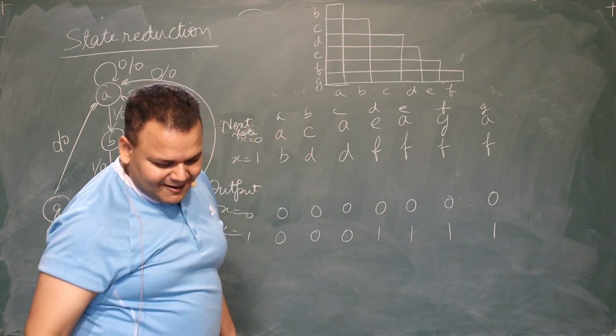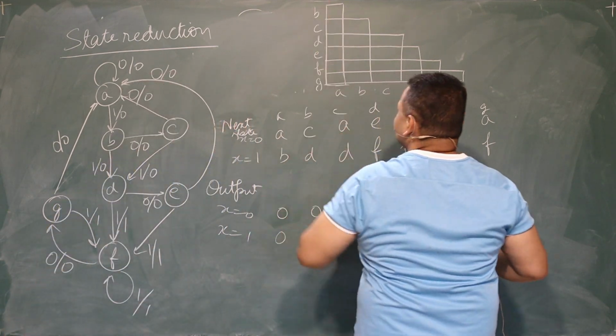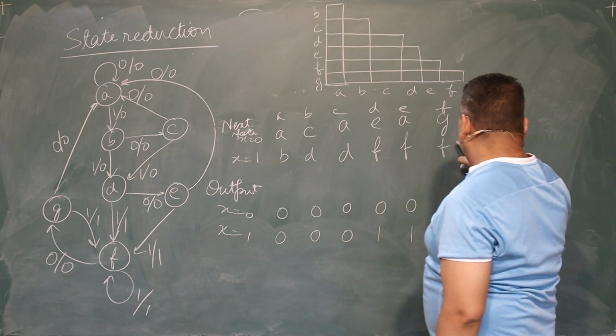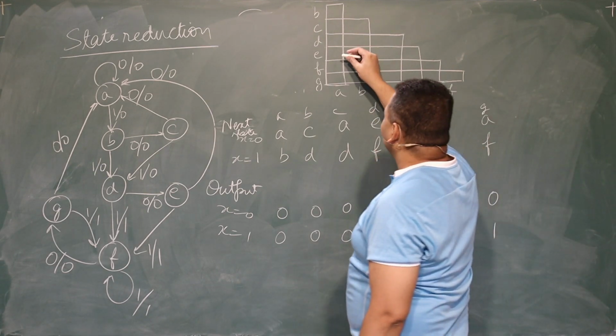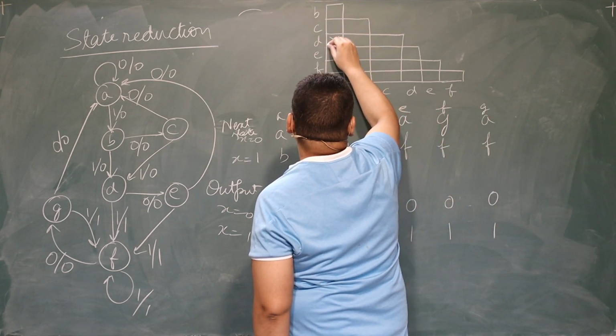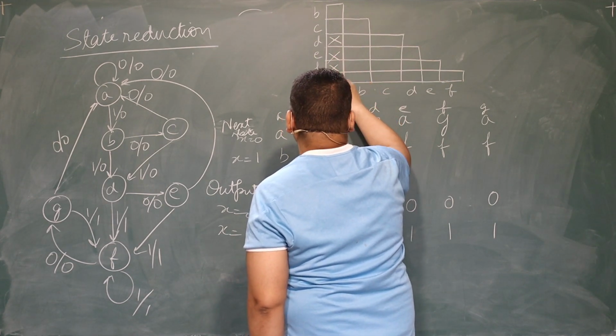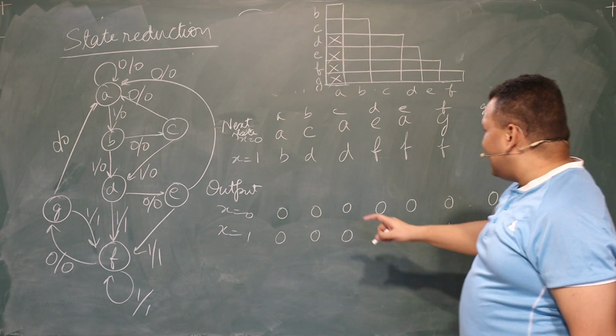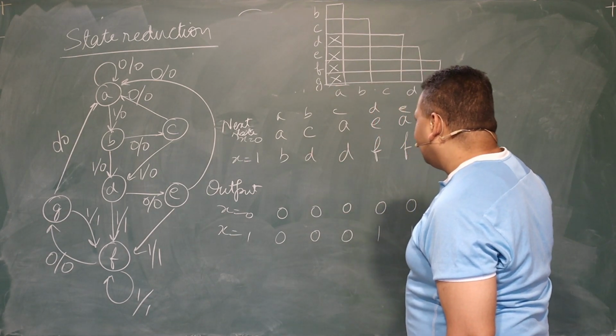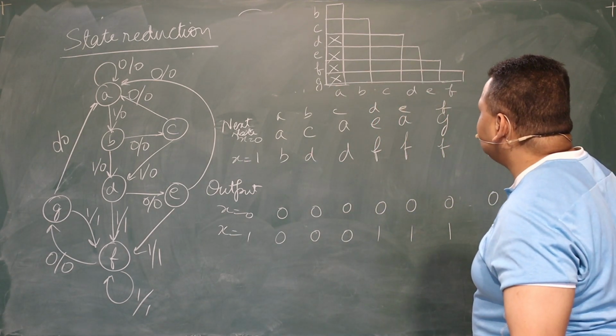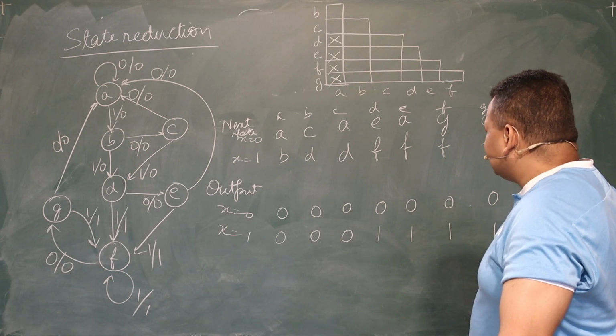So I am comparing A with all these states. We already decided by looking at the outputs that A cannot be equivalent to D, E, F and G. Can A be equivalent to state B? Is it possible that A is equivalent to state B?